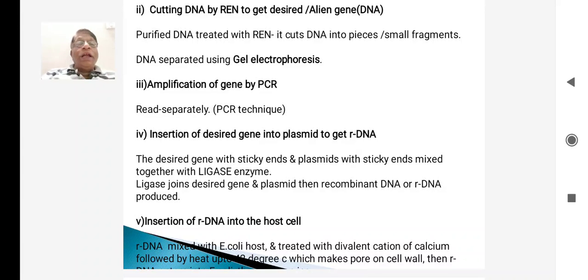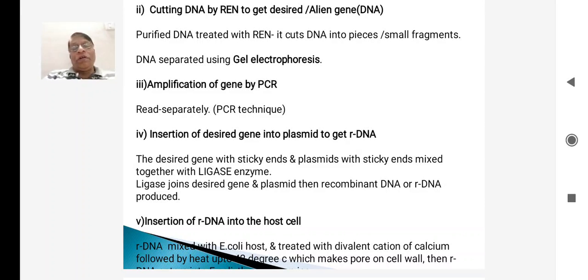As you know, the ligase joins the desired gene and the plasmid DNA. Then recombinant DNA is formed, or rDNA is produced. This is called rDNA because it has two DNAs. This technology is called rDNA technology.